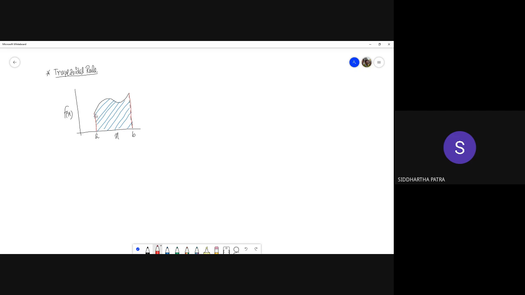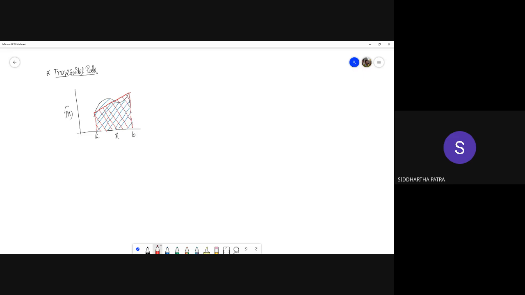Here you would imagine that within this range it is only changing linearly, so you would consider a linear variation. So this is how we would approximate the actual function. This is the trapezoidal rule, in which we instead evaluate the area of the trapezoid, and use that to approximate the area under the curve.